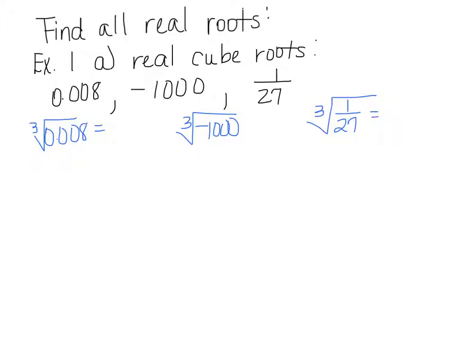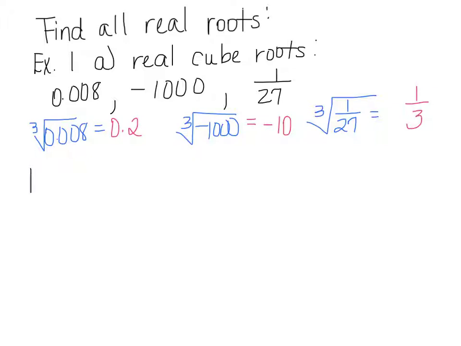Alright, so remember if your root, your index, is odd, you're going to have one answer. So the first one would be 0.2, because 0.2 cubed is 0.008. The second one would be negative 10, because negative 10 cubed is negative 1,000. And the last one would be 1 over 3, because 1/3 cubed is 1 over 27.